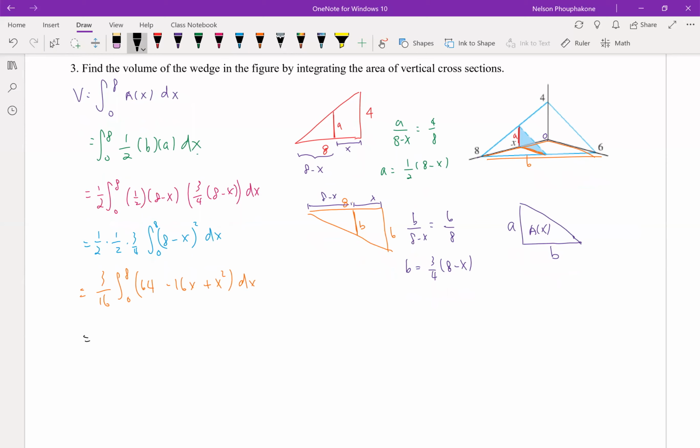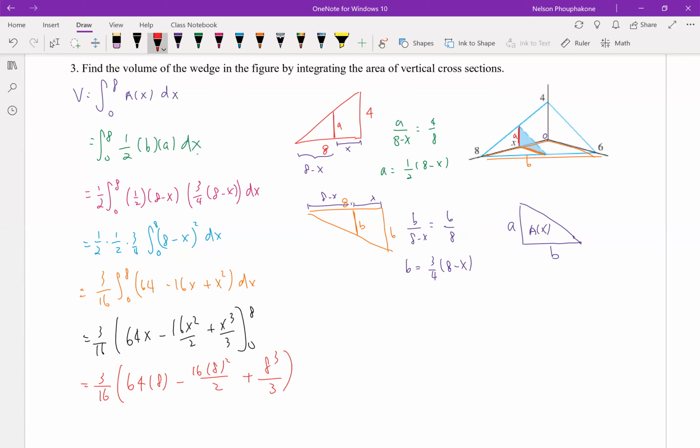Now the rest of the problem is a little bit easy. 64x minus 16x squared over 2 plus x to the power 3 over 3, integrated between 0 and 8. So 64 times 8 minus 16 times 8 squared over 2 plus 8 to the power 3 over 3.